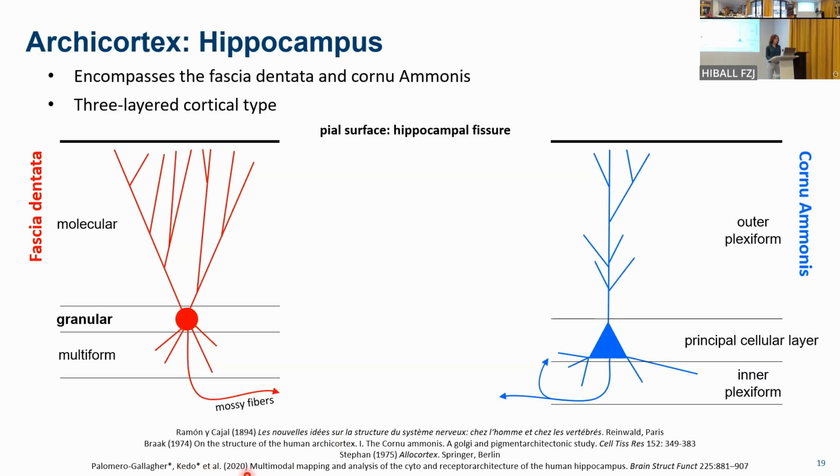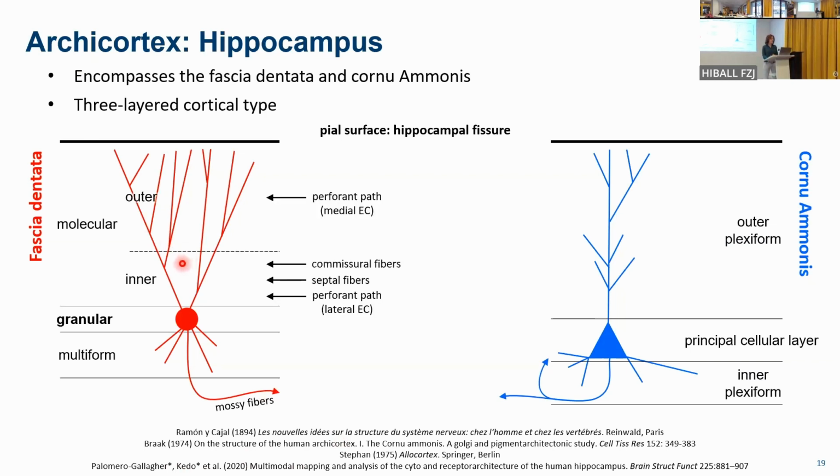Now we know that within the molecular layer, we could define 2 sublayers if we want to, based on differences in connectivity. Some anatomists just talk about the molecular layer, but if you're interested in connectivity, then you should definitely talk about the inner and the outer molecular layers, okay?